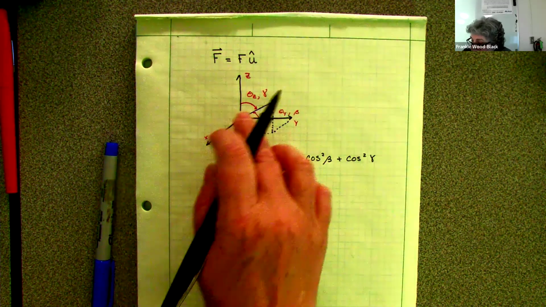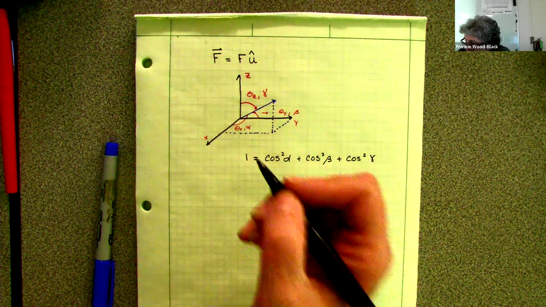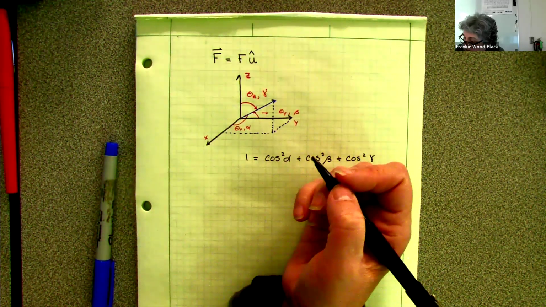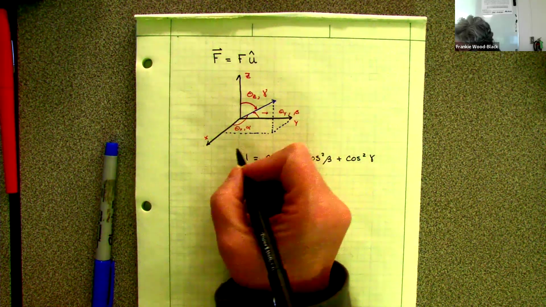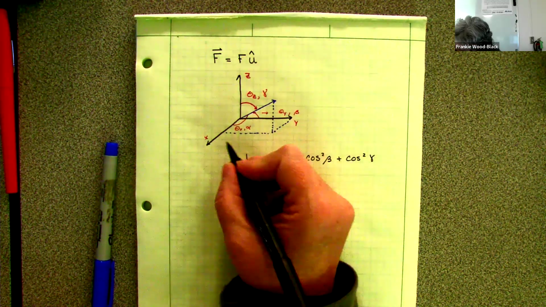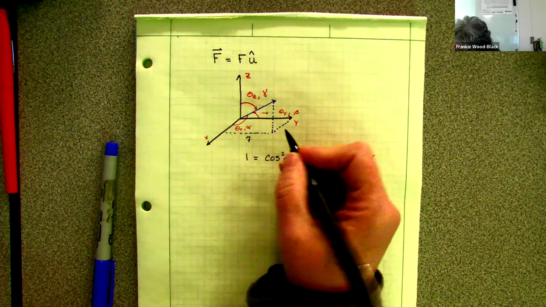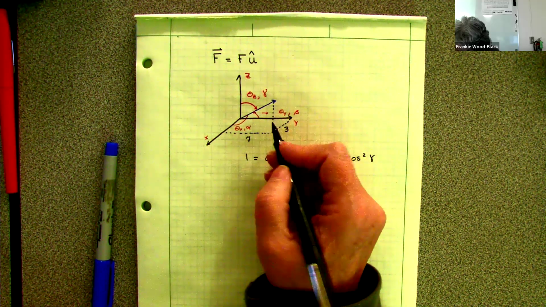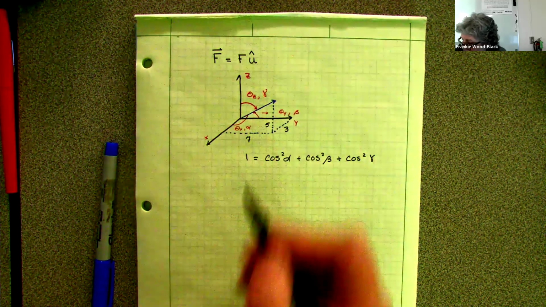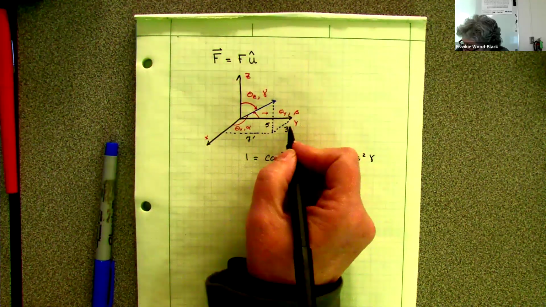So if I were doing this vector, I'm going to make up numbers, which is a bad thing on a Friday. I'm going to say this is 7, this is going to be 3, and this is going to be 5, and we'll call these feet.